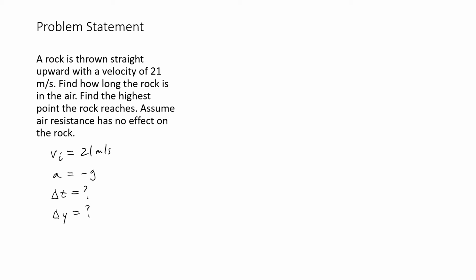So we'll start by drawing a graph, a velocity versus time graph specifically. It might be helpful to know that typical graphs for objects in free fall, when we're talking about vertical motion for velocity, are just going to exhibit a straight line downward.